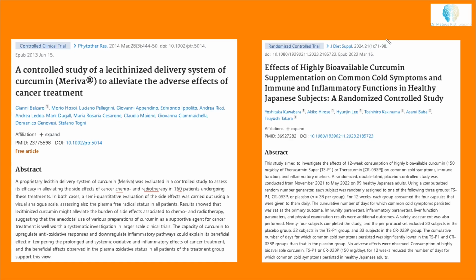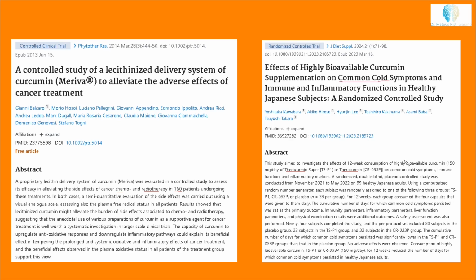Here on the right, we had another study that investigated the effects of curcumin in two forms of a formulation called teracurcumin. It's a second generation formulation, if I'm not mistaken. Either a regular teracurcumin or a form they called super teracurcumin, compared to placebo, and they investigated Japanese patients with common cold.